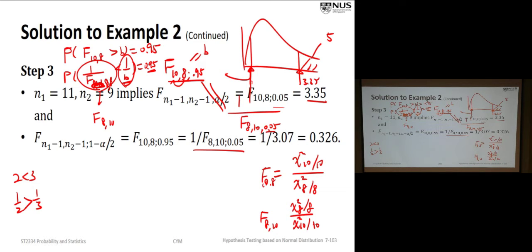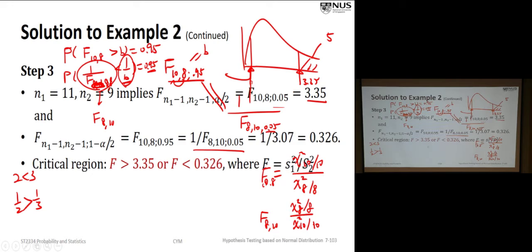If you're confused, just remember the upper end must be a big number, usually bigger than 1. The lower end must be less than 1. So how do you get a number less than 1? You take 1 over something. That one is taken from the distribution by just swapping the degrees of freedom. So the decision rule is to reject if F is too big or F is too small.